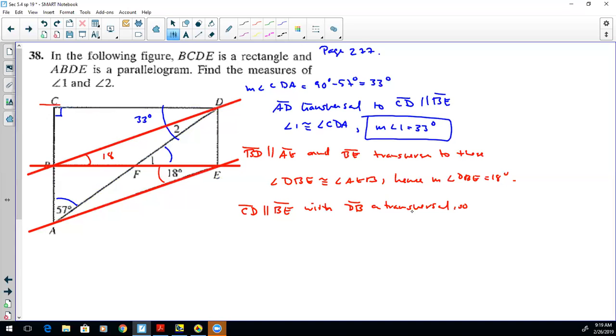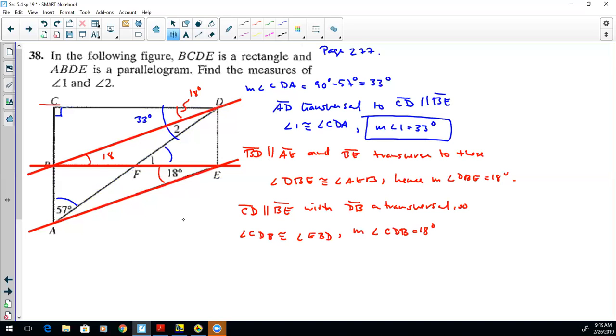So alternate interior angles CDB and angle EBD are congruent. That means that this angle here is 18 degrees as well. So the measure of angle CDB is 18 degrees.